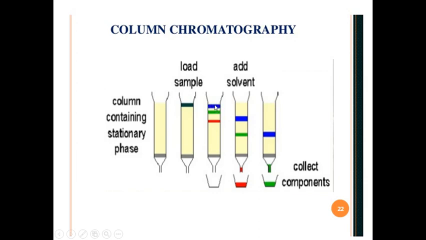From this location, whenever your molecules start to travel downward with the help of the mobile phase, if your molecule interacts highly with the stationary phase as compared to the green and brown ones, that molecule migrates slowly through this column. And if your molecule interacts less with the stationary phase compared to the other molecules, then that molecule moves fast through this column.